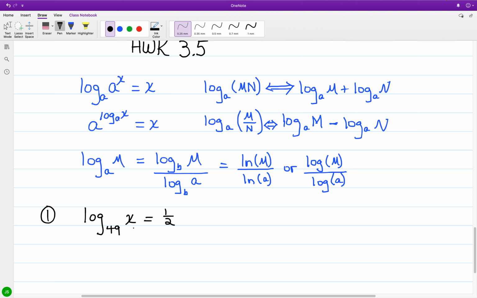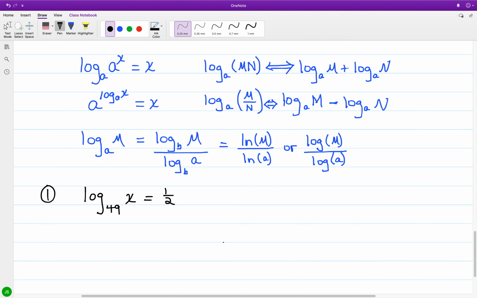And this will be with treating both sides of the equation as powers to which 49 is going to be raised. So we have 49 raised to the base 49 logarithm of x is equal to 49 raised to the 1/2.